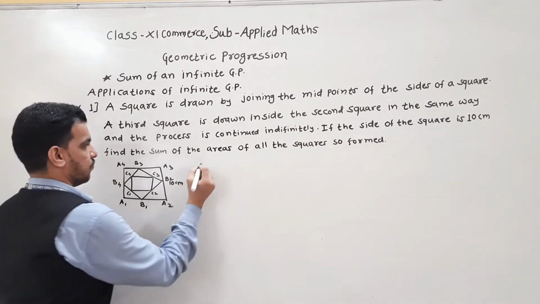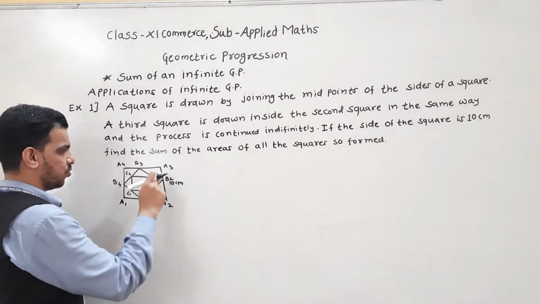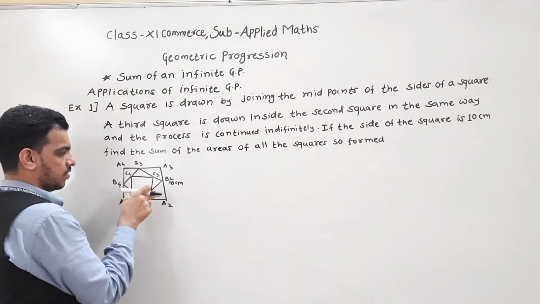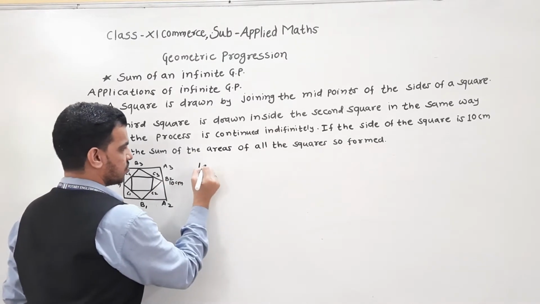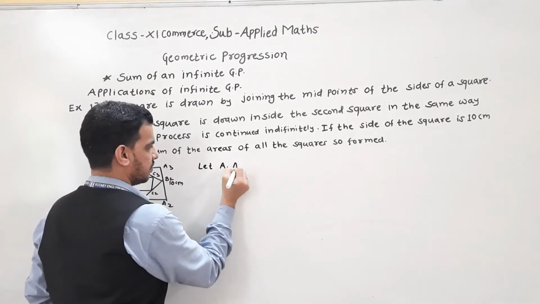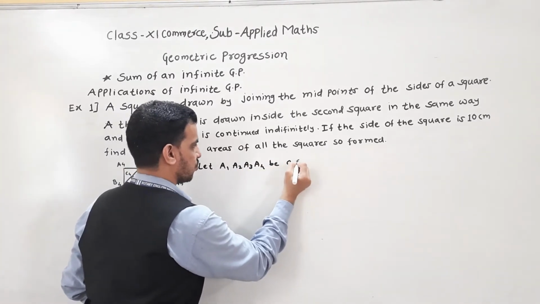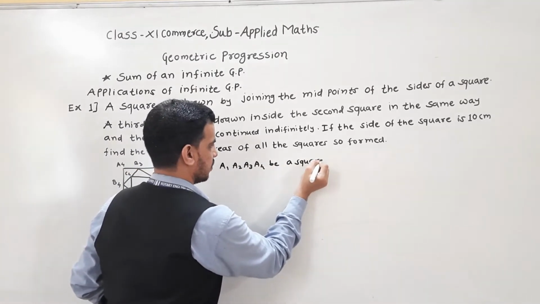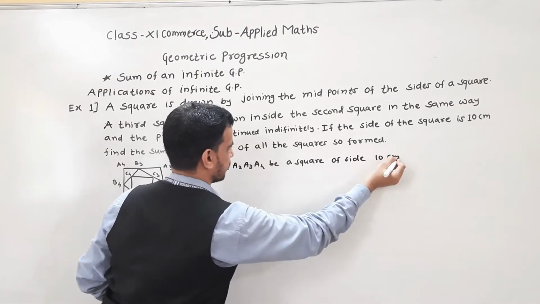Okay. So first square, that is A1, A2, A3, A4, is the first square having side 10 centimeter. So let A1, A2, A3, A4 be a square of side 10 centimeter.